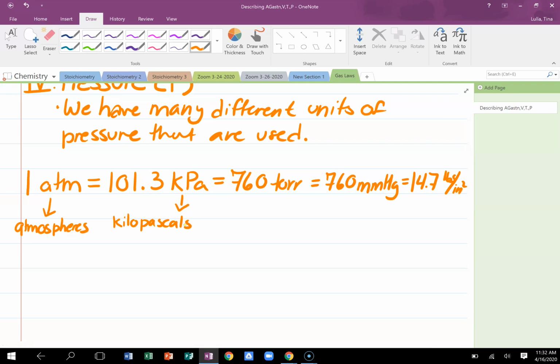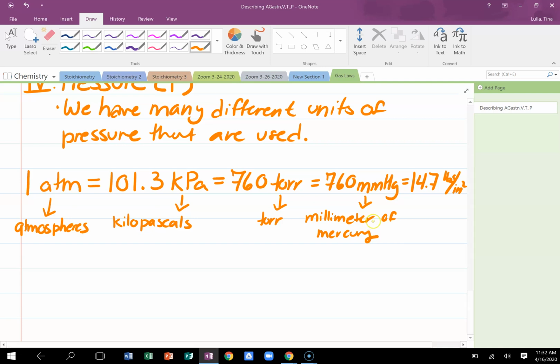So that's another unit of pressure. Torr, we just say torr, so nothing to talk about there, and it is a unit of pressure. mmHg stands for millimeters of mercury, and mercury is Hg, the element on the periodic table.